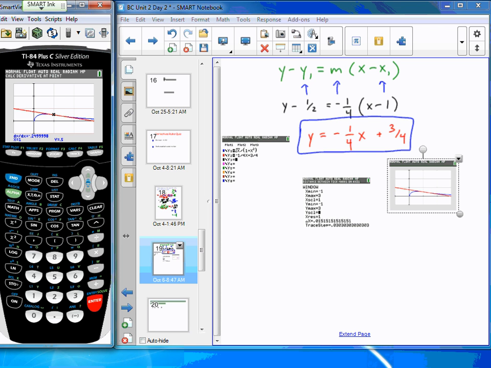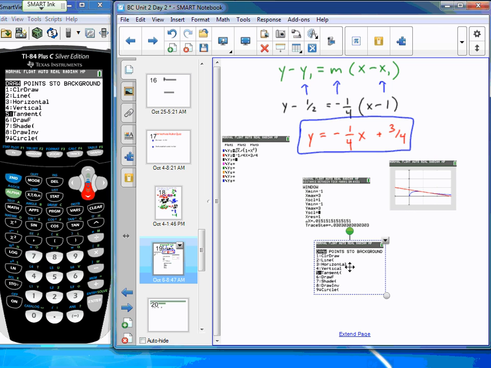Second way, we could draw a tangent line using the built-in capabilities of my calculator and have it spit out an approximation for its equation. Second program, everybody. Which option would we want here? That fifth option is tangent.